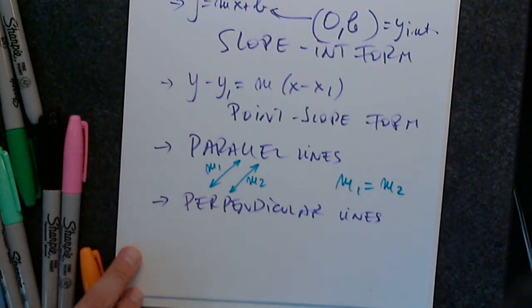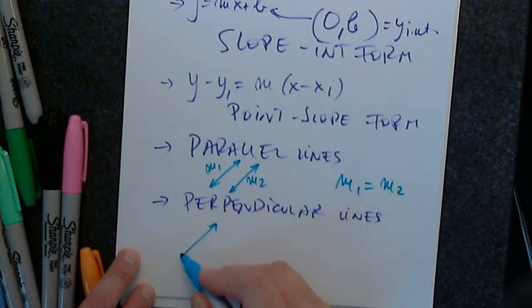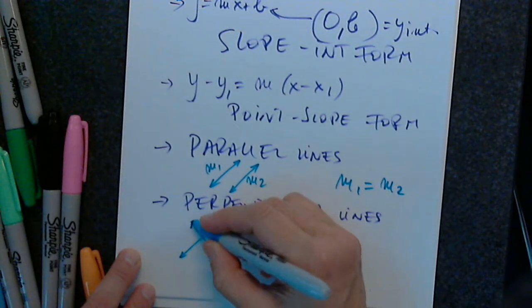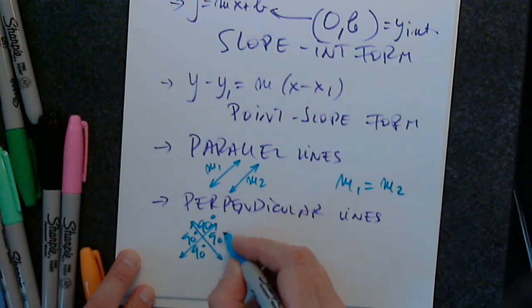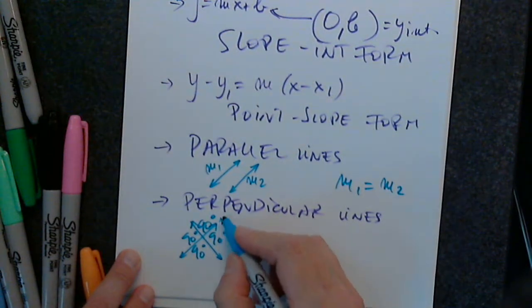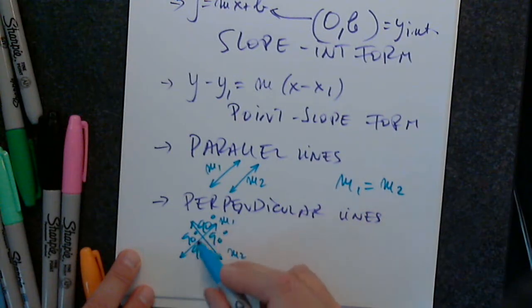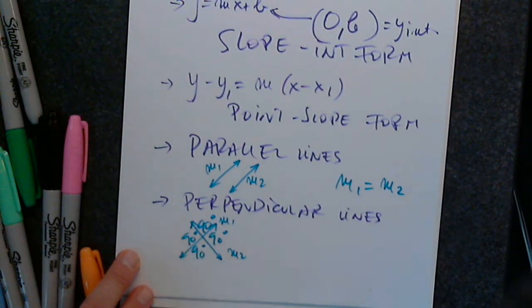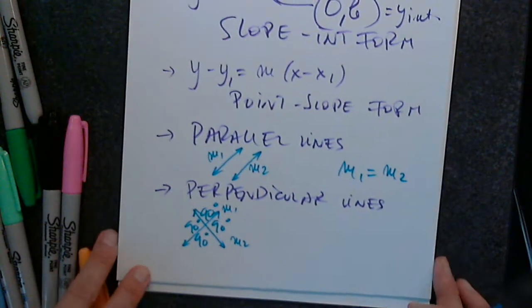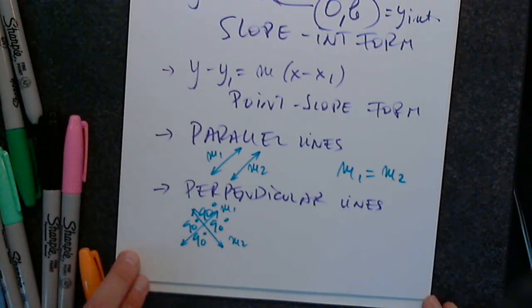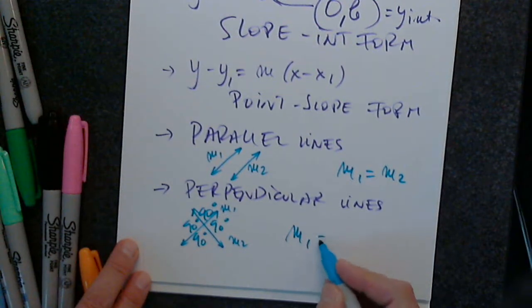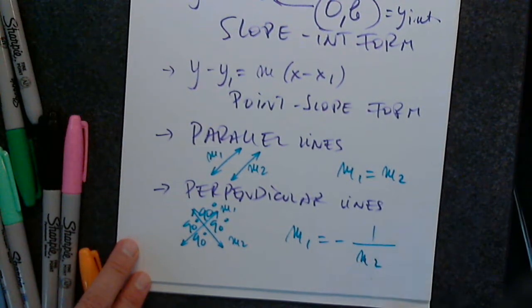Okay, what about perpendicular lines? So here, these are two perpendicular lines. They form 4 90-degree angles, perpendicular. This line has slope m1, and the other one has slope m2. What is the relationship between m1 and m2 when lines are perpendicular? Very good. So the opposite negative reciprocal of each other.